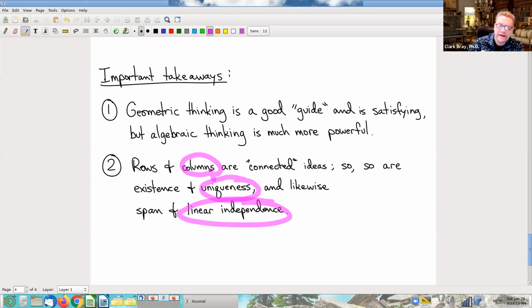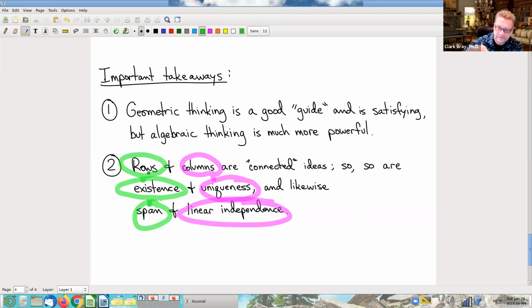Whereas when we were thinking about the span question, we wrote it down from the definition, got it down to a matrix equation, and realized we needed the existence property. And we arbitrate that by whether there's a pivot in every row.